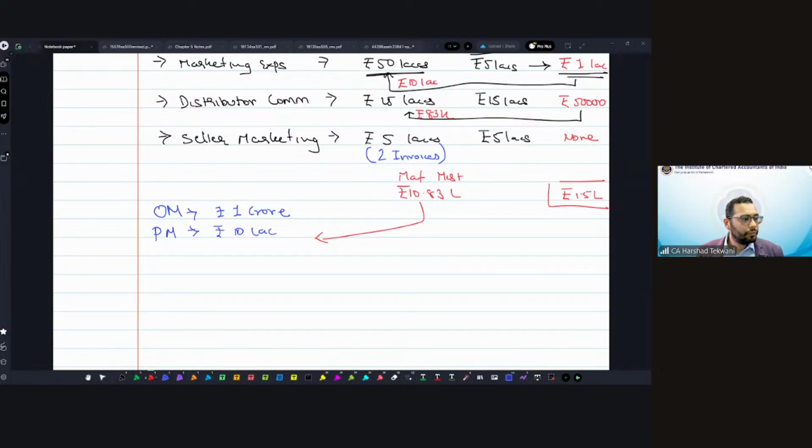Sir, while doing that, the auditor, see, we have the overall materiality value, and the performance materiality value also will be there, lower than the overall materiality.